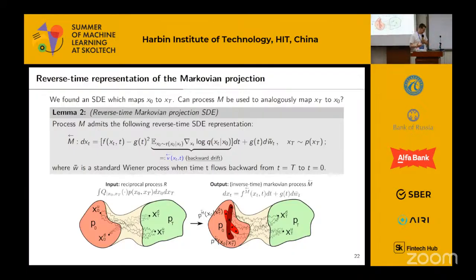Well, you may ask me, why do I recall this? Why do I actually tell you about this? If we can do forward, and you have already given some formulas, why do you need to consider backward stuff? Well, there are 2 reasons. First, backward stuff is more closely related to diffusion models.